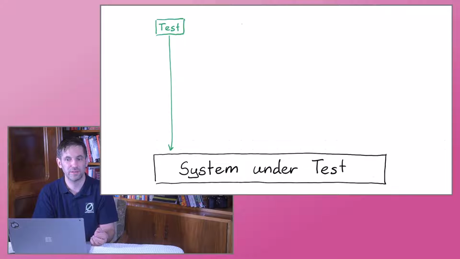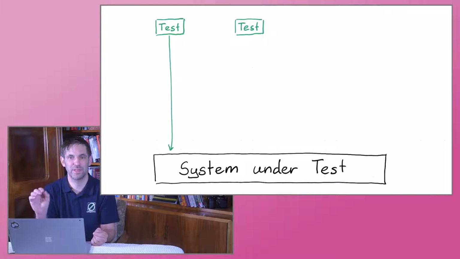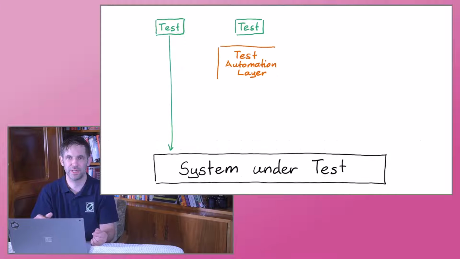And to do that, we can introduce a test automation layer. So the test uses the test automation layer, and the test automation layer uses the system under test.